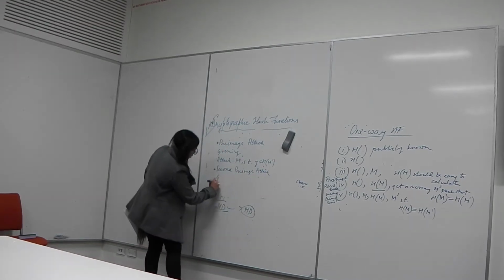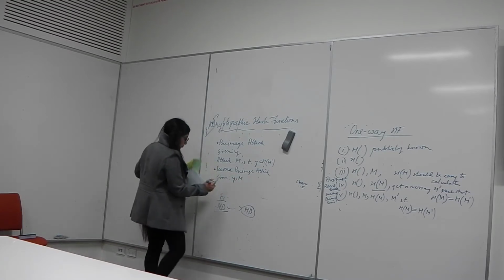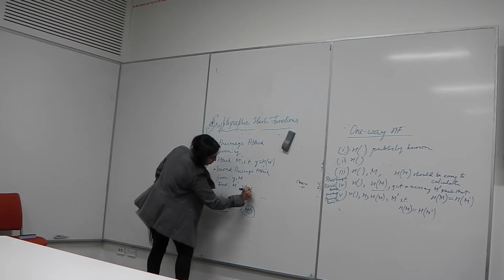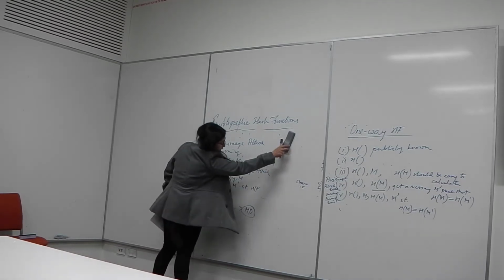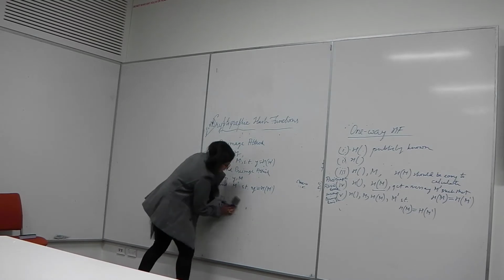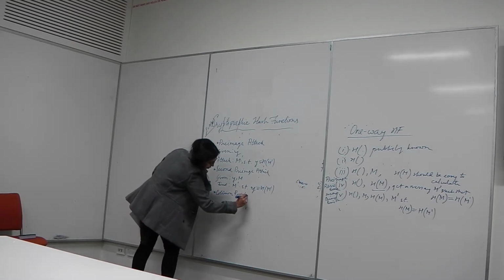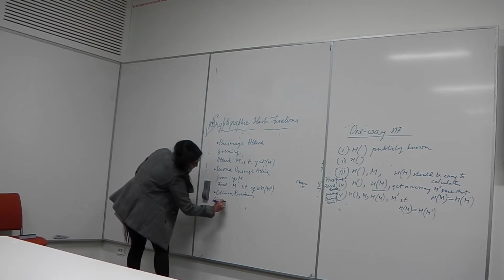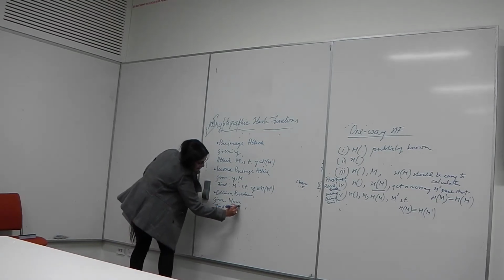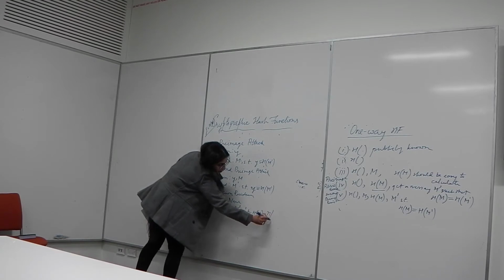The second pre-image attack: given y and m, find m dashed such that h of m dashed equals y. And for collision resistance, given nothing, find m dashed such that h of m equals h of m dashed.